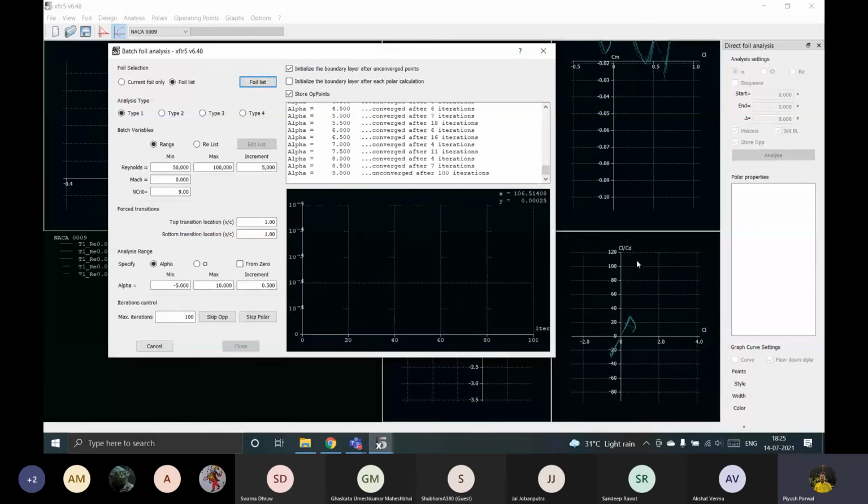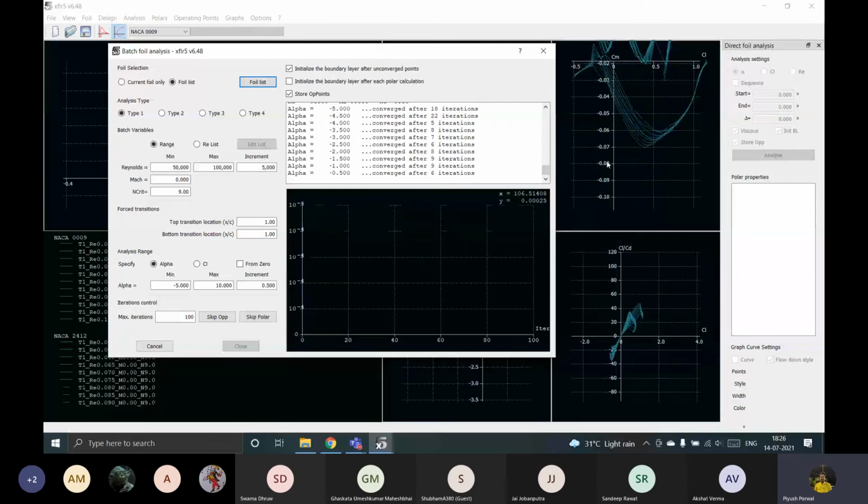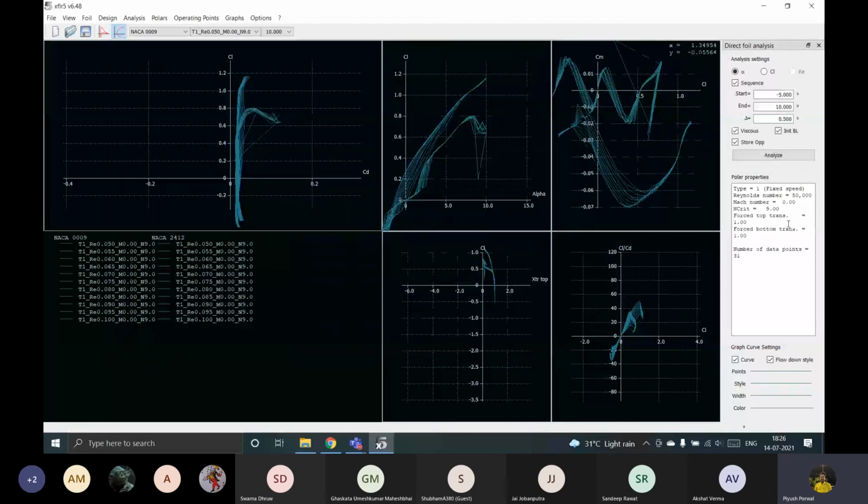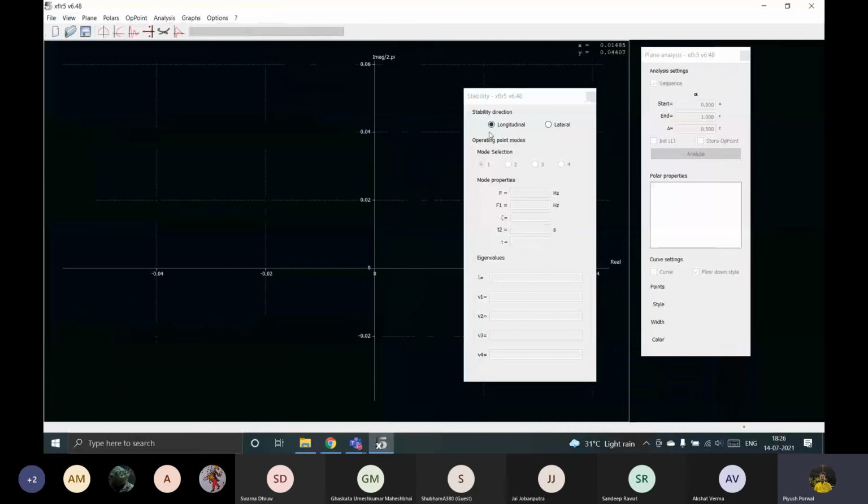It will take some time. Yeah, analysis is done. So we first do the analysis of this foil and then we go to the wing and plane design.